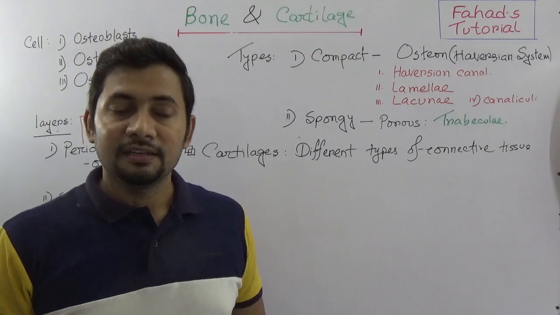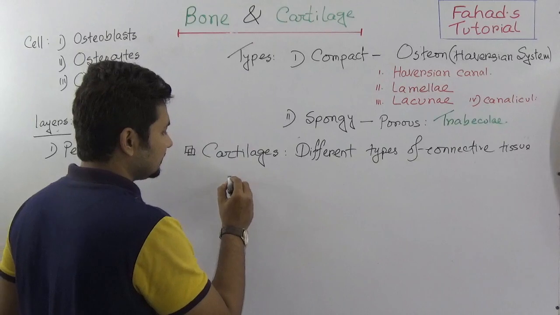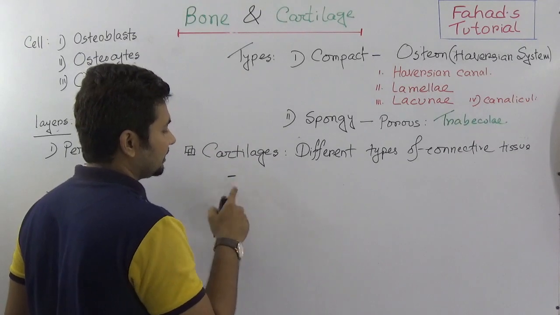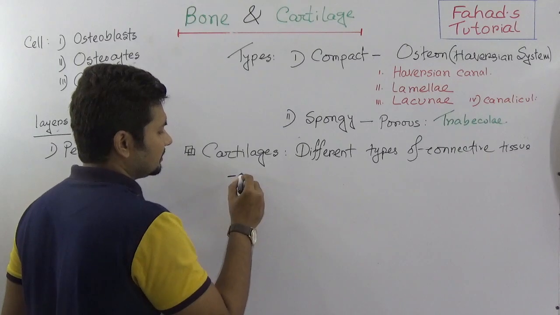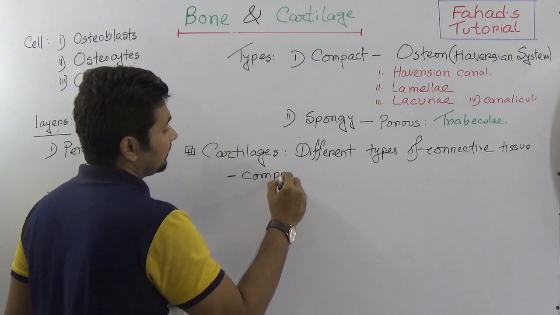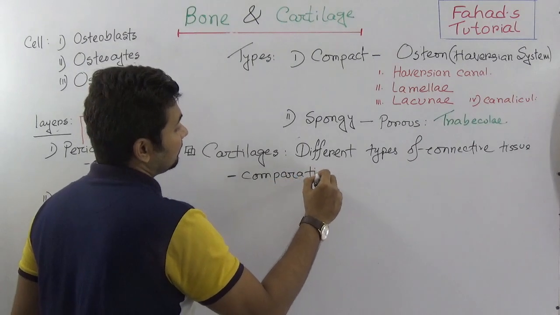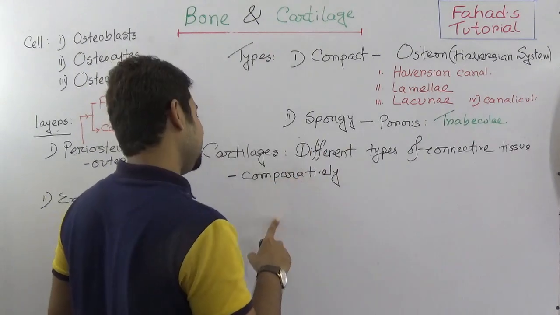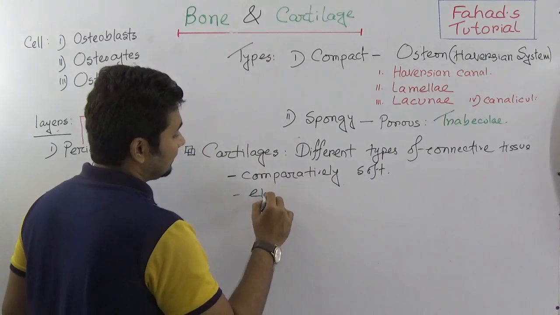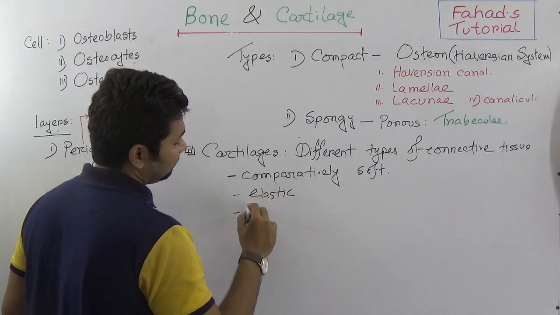So simply, we can say cartilage is comparatively soft, elastic and flexible.